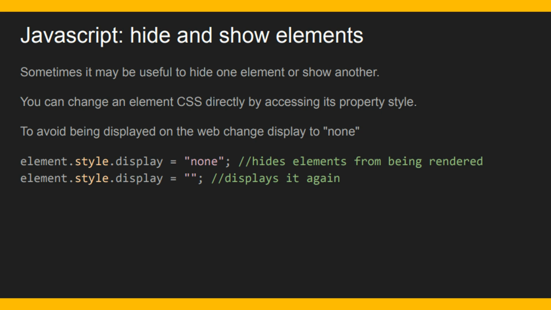To avoid being displayed on the web page, change the display to none. Just simple, the element name and then .style.display equals none. If you want to show it, element.style.display equals block, or flex display. We're going to talk about them.